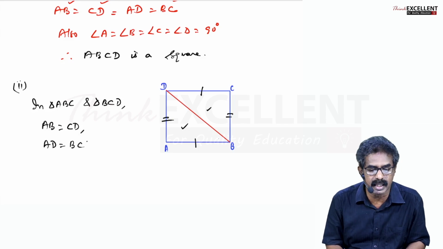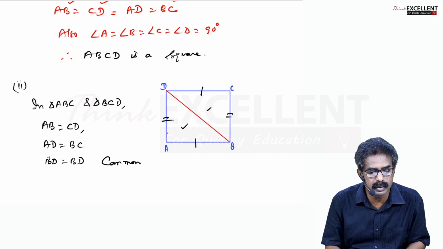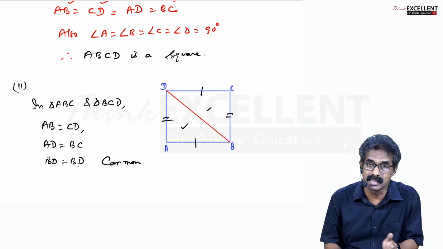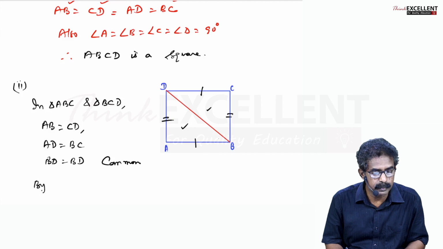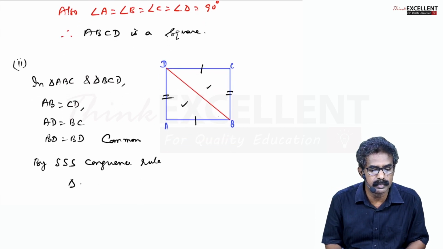And BD is common, BD equals BD. Or you can say angle A is 90 degrees and angle C is also 90 degrees. You can use SAS, or you can use SSS. So by the SSS congruence rule, the two triangles are congruent. Triangle DAB is congruent to triangle BCD.